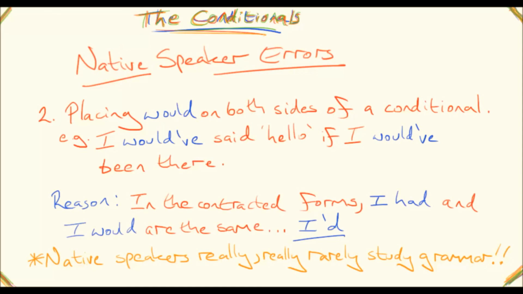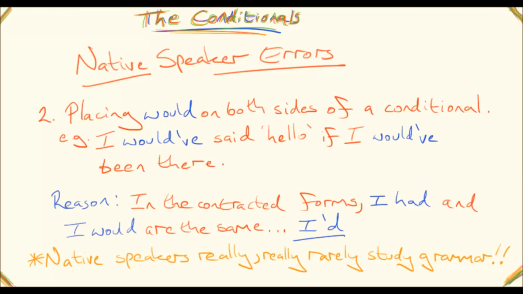And so we've got this kind of mixed up situation where we've said "would have" when we mean "had been there." We're kind of vaguely aware that we need to throw it into the past, but there's been a mix-up with "I had" and "I would," because in the contracted forms they're the same. And once again, this is due to the fact that native speakers really, really rarely study the grammar.